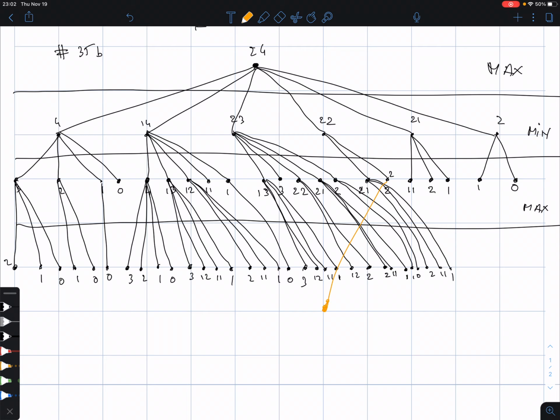I can do 1 or 0. 1, 1. Well, there's only one thing you can do. In 2, there are 2 things you can do, a 1 or a 0 pile. In 1, there's only one thing you can do. 0 and 0. Okay. I guess I actually had enough space. I was impatient.